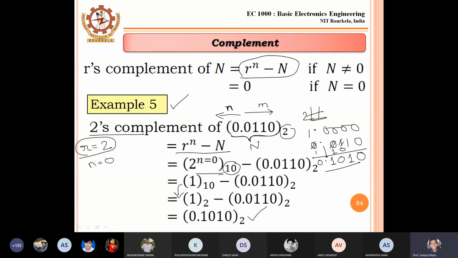Sir, can we convert the binary part into decimal, then subtract the two decimal numbers, and after that convert it again into binary? Yes, you can do that, I do not have any issue. But how do you convert fractional binary to decimal?